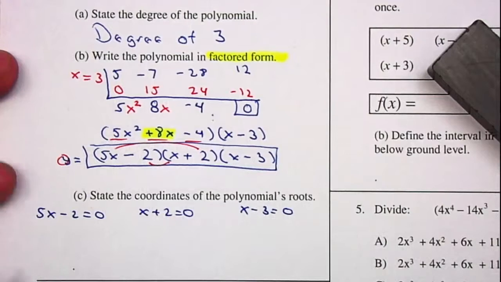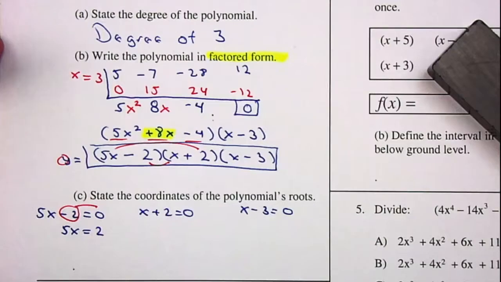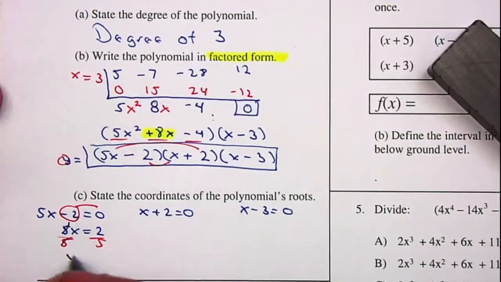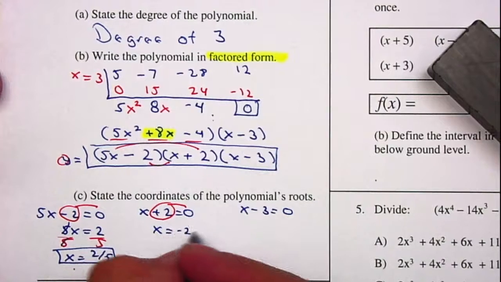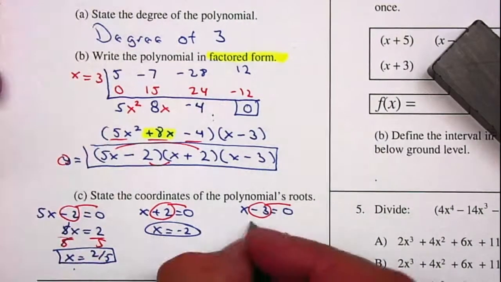And now we're going to solve it. I'm going to move my 2 to the right, becomes a positive 2. So we have 5x is equal to 2. I'm going to divide by 5 on both sides to leave the x by itself. So x is equal to 2 over 5. On the second one, I'm going to move my 2 to the right, becomes a negative 2. And on the last one, I'm going to move my 3 to the right, becomes a positive 3.